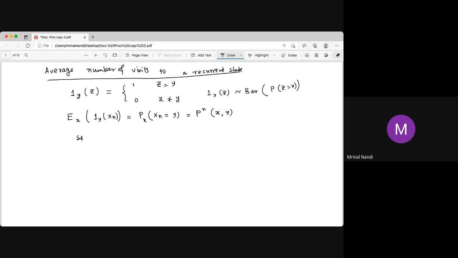Now set N_n(y) to be the sum over m equal to 1 to n of that indicator random variable.